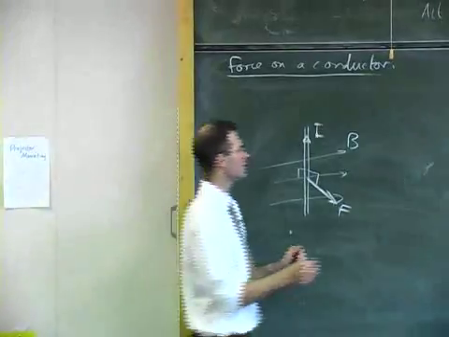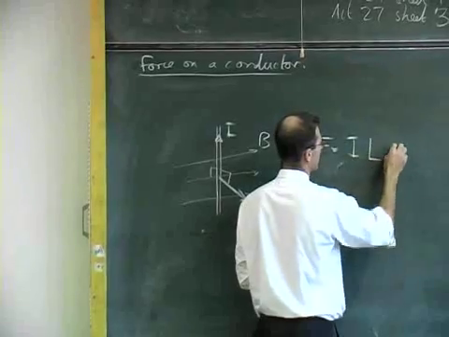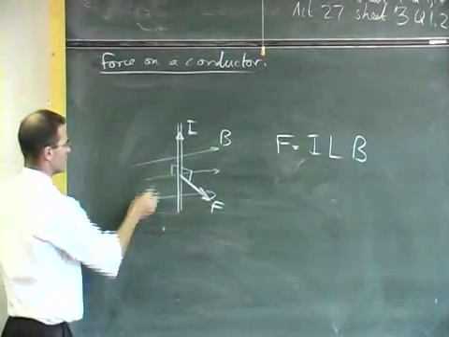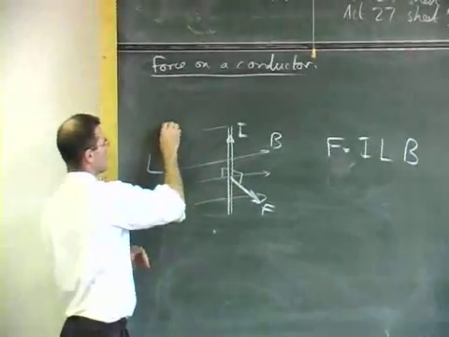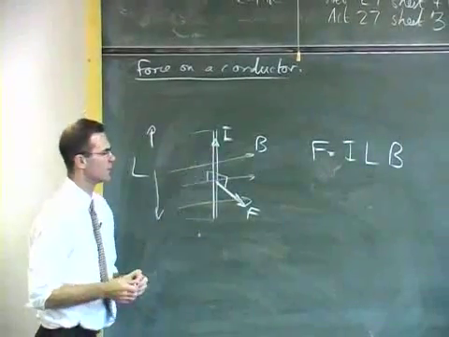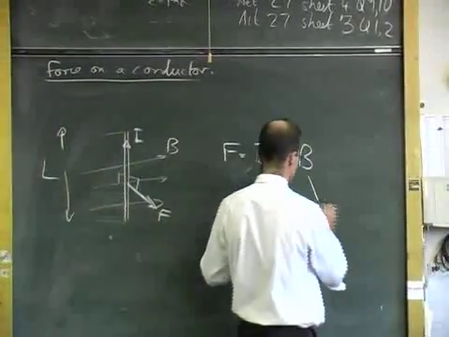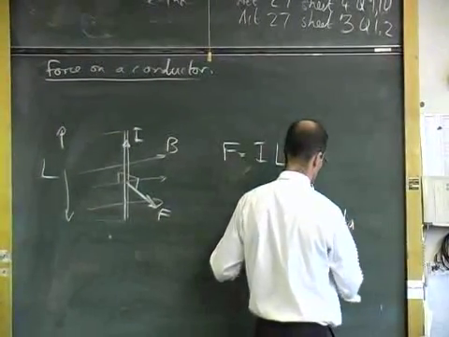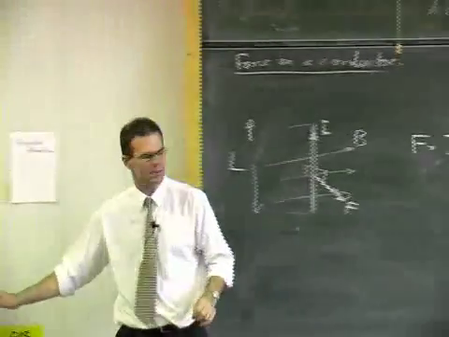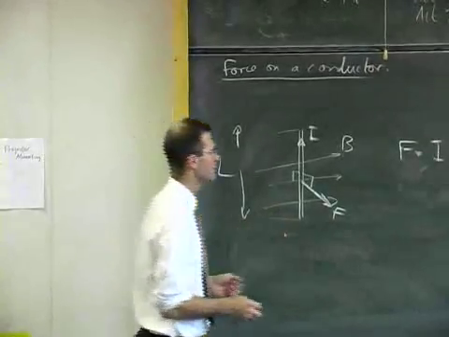The equation that relates that gives you the force is equal to I, L, B, where L is the length of the conductor that you've got in the field there, and you've got the current, you've got the field there. Field is measured in Tesla, or capital T, and it's this equation which gives us the definition for 1 Tesla of magnetic field.